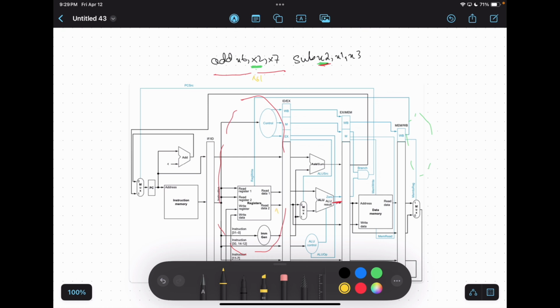So instead of fetching the value of rs1 from this path, we need to fetch it from this path, because this contains the updated value. It goes somewhere like this. So this should be the path to use the updated value of x2. Now, this is for this instruction, the ID/EX, not for this instruction, sorry.